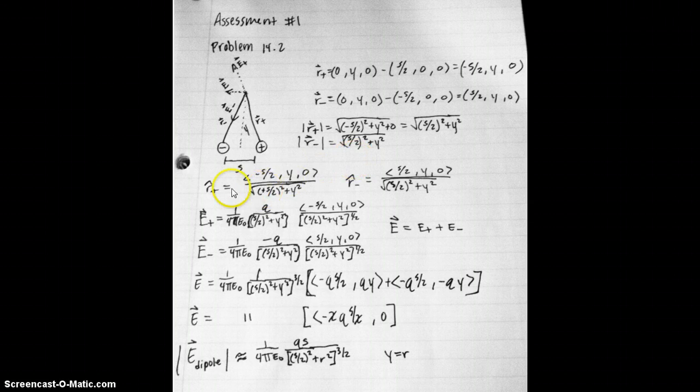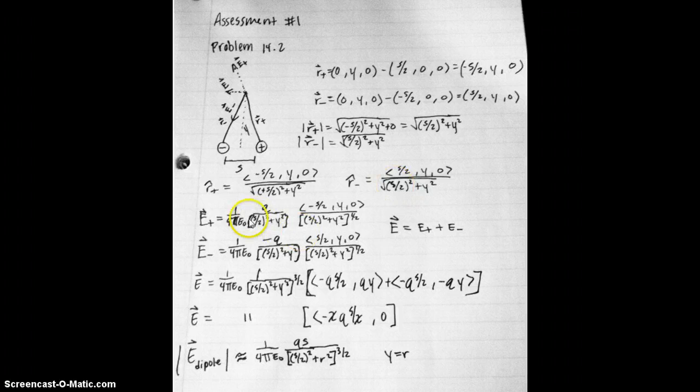Now for r hat plus, you would put the vector r plus over the magnitude of r plus, and you would get this. You do the same for r hat negative. You would do the vector negative over the magnitude of the negative vector.